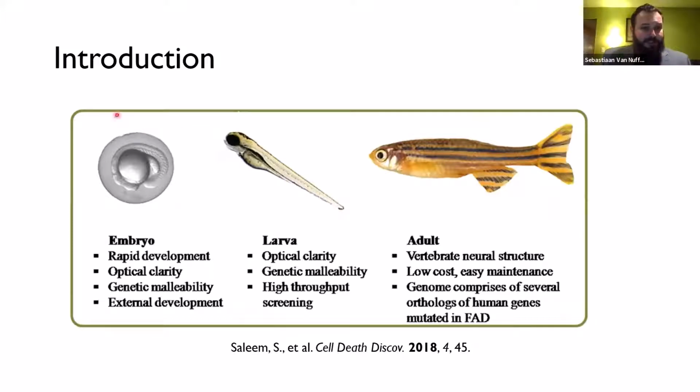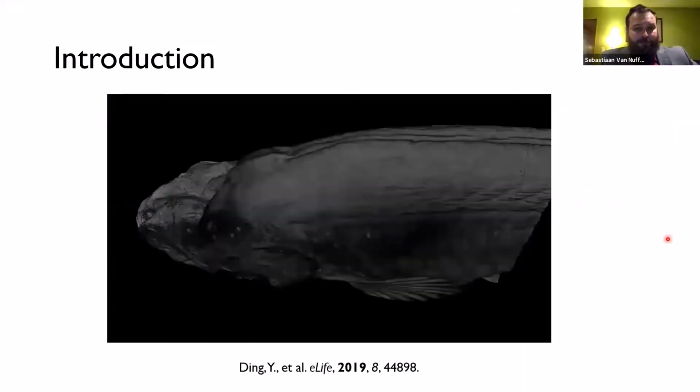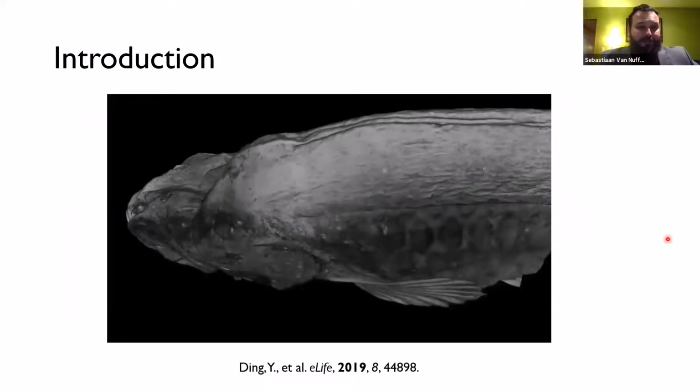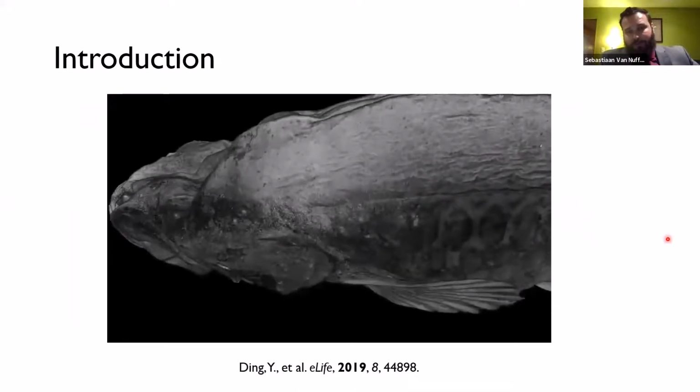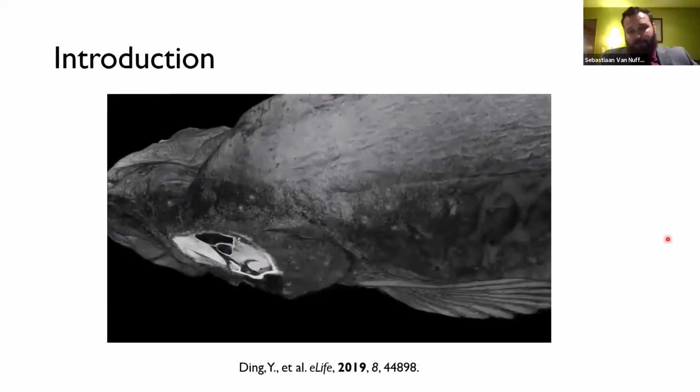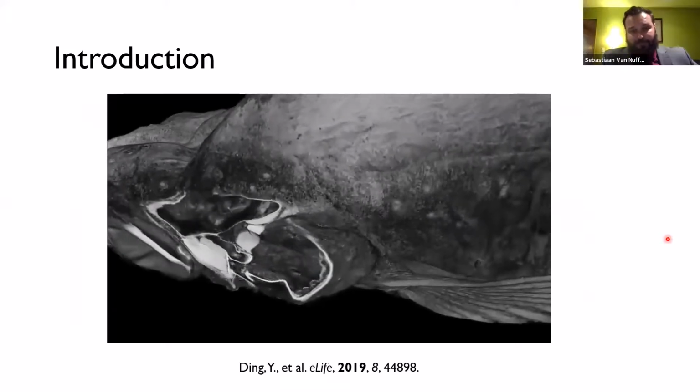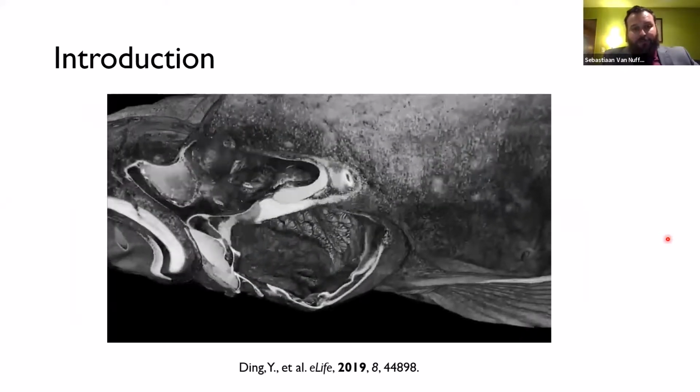Over here you can see the development of the zebrafish from embryo to larva to adult. Qi and his group mainly investigate the morphology of these model organisms using X-ray micro-CT, and this technique allows them to visualize in 3D the entire organism.